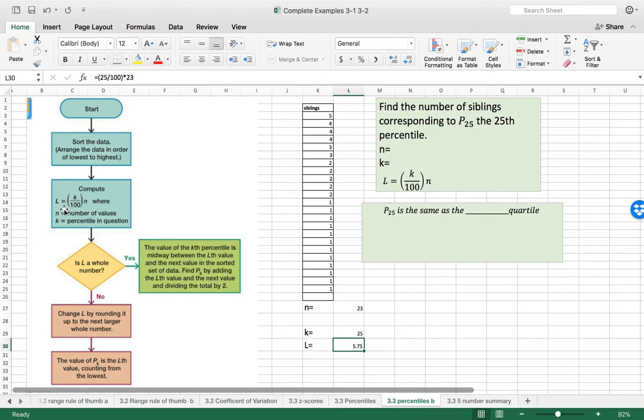And then we're going to find what we call a locator. This L is a locator, and we're going to compute the kth percentile. So we're going to do the percentile we're interested in, k over 100, times the total number of values. And then if L is a whole number, then the kth percentile is midway between the Lth value and the next value of the sorted data.